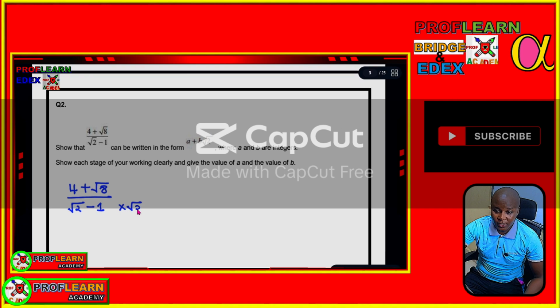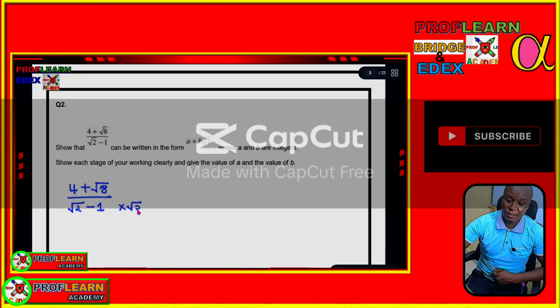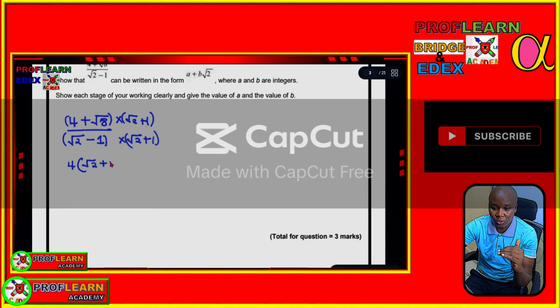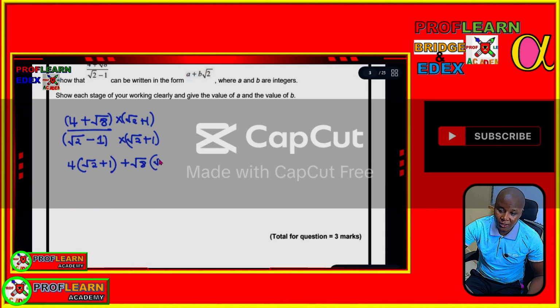The conjugate is the opposite sign of whatever you have at the denominator, and in this case we have 3√2 minus 1, so the conjugate is 3√2 plus 1, which is going to be multiplied at the denominator, and also at the numerator. So we expand and multiply the two brackets together in the numerator and denominator.